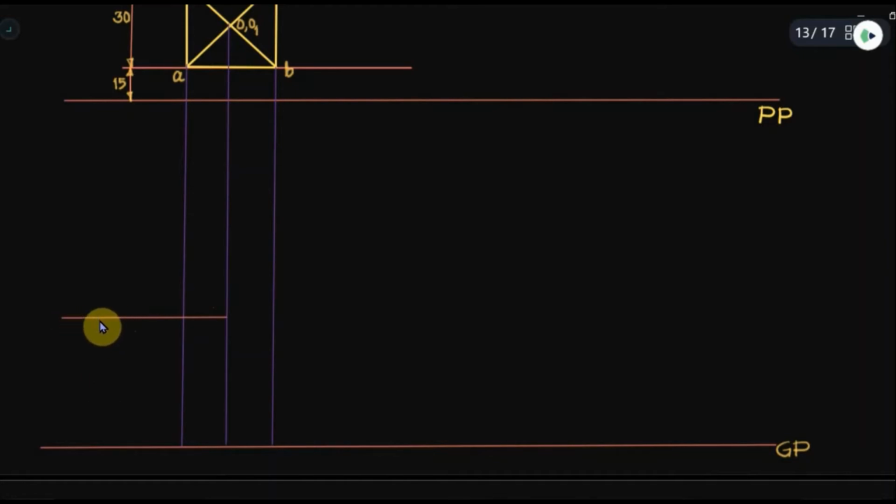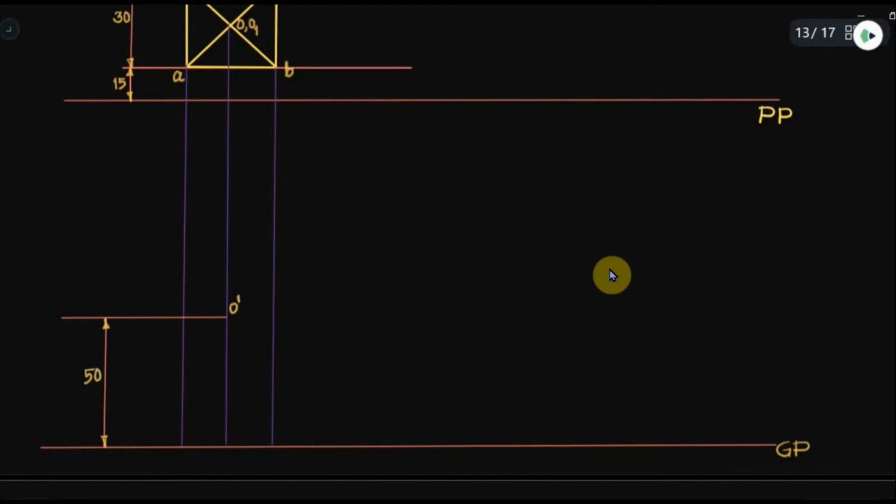We'll mark the dimension here. This is 50. And mark the dimension along with the points. So this is 50 mm. From GP we will mark the height of the apex. See, the apex is O dash, and here this is 50.